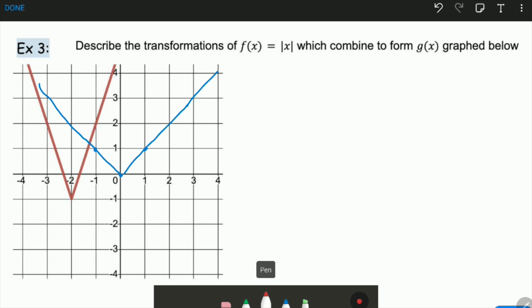For translations, I'm going to focus on the vertex. You can see that it translates down 1 and 1, 2 to the left.